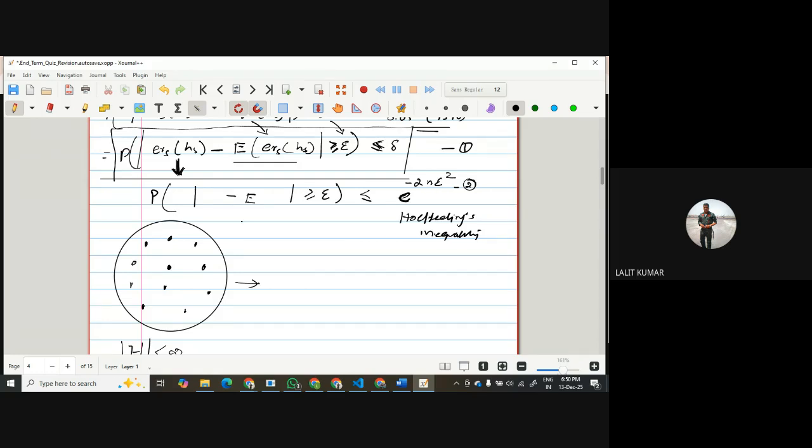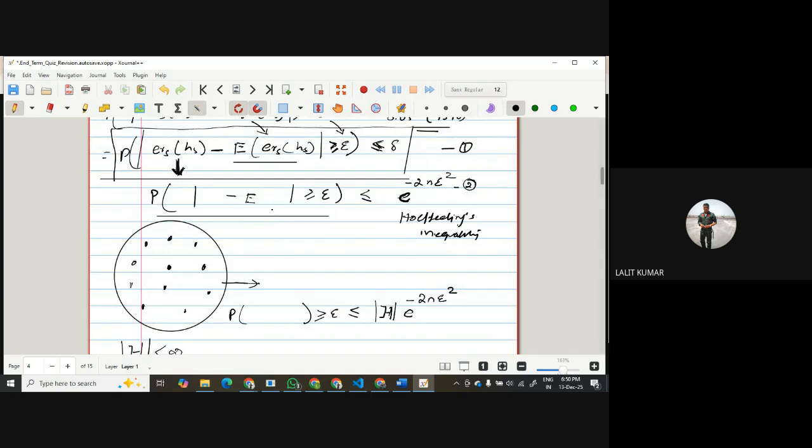So from there, what comes out is that this probability, this model, becomes greater than or equal to epsilon. By combining the probability of all the models, that is my finite hypothesis class, this becomes e to power minus 2n epsilon square. Is that okay?